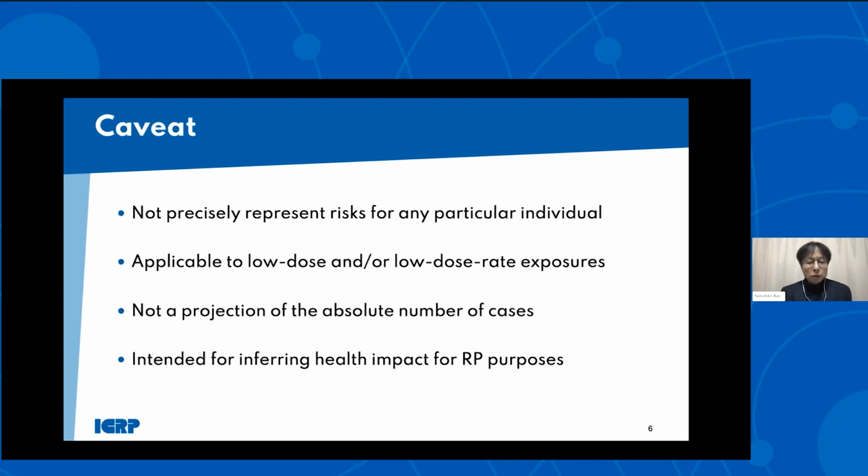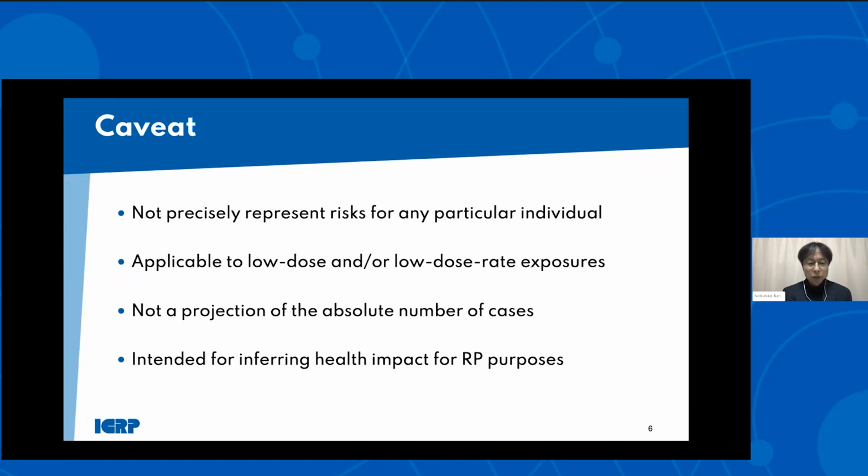And we need to be aware that there are some caveats. First, detriment does not precisely represent risks for any particular individual. It is defined for a population or a group of individuals who are exposed. It is applicable to low dose and/or low dose rate exposures.